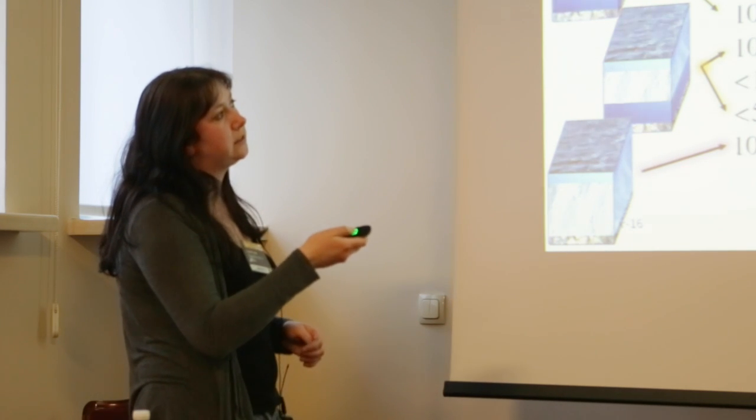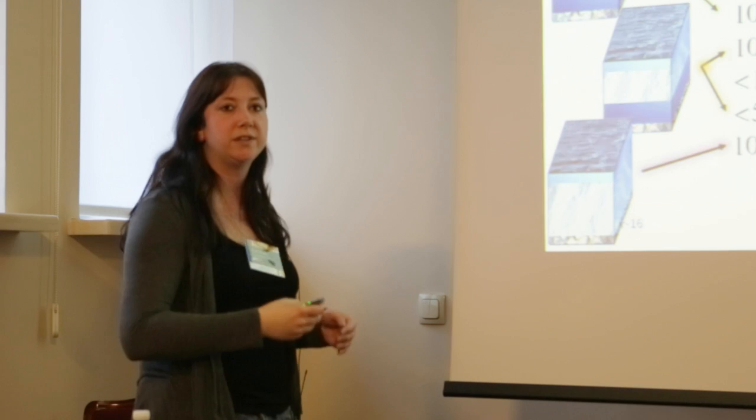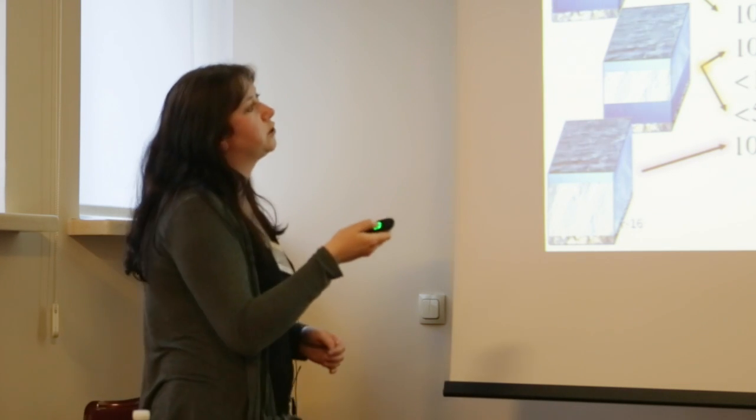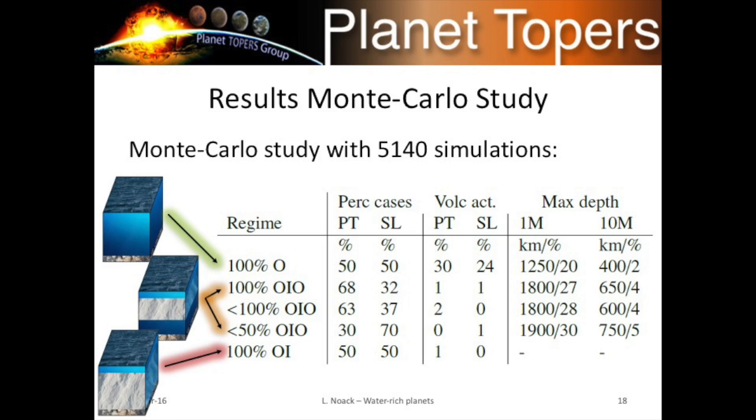But if you just look at the maximum depth of the liquid ocean layer that was observed for 1 Earth mass or for 10 Earth mass, you can see first the results in kilometers and then in weight percent. If you just look at the classical case of the liquid water ocean, at maximum 1,250 kilometers or 20 weight percent of water, high-pressure ice forms, and one would argue that these cases are not habitable anymore.